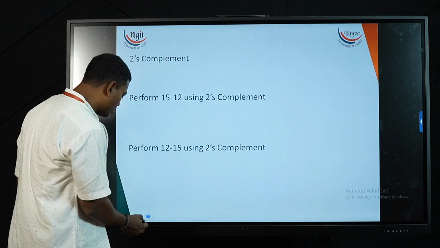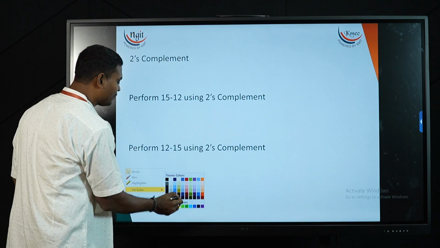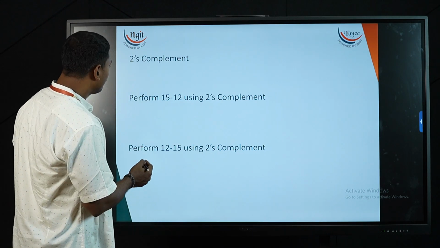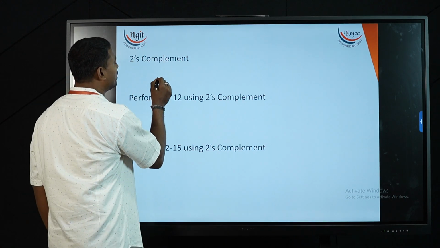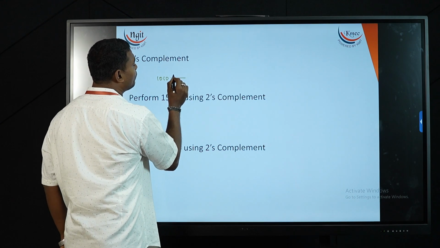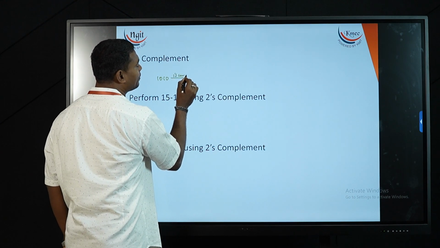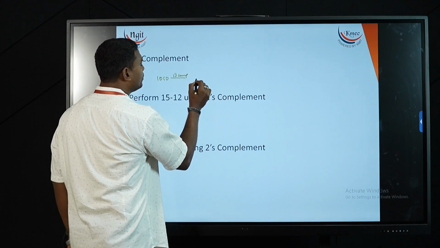So this is your 2's complemented value. Now, when I am performing 2's complement, for example, if I am having 1 0 1 0, I need to perform the 1's complement first. So the 1's complement will be 0 1 0 1.